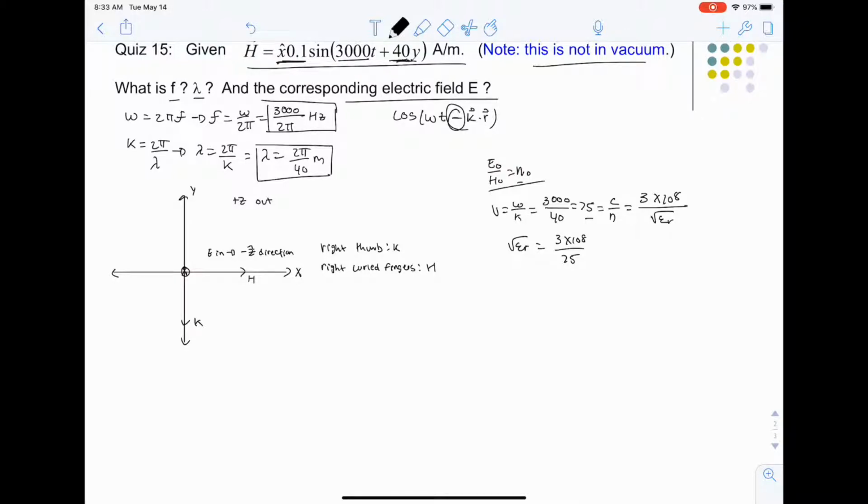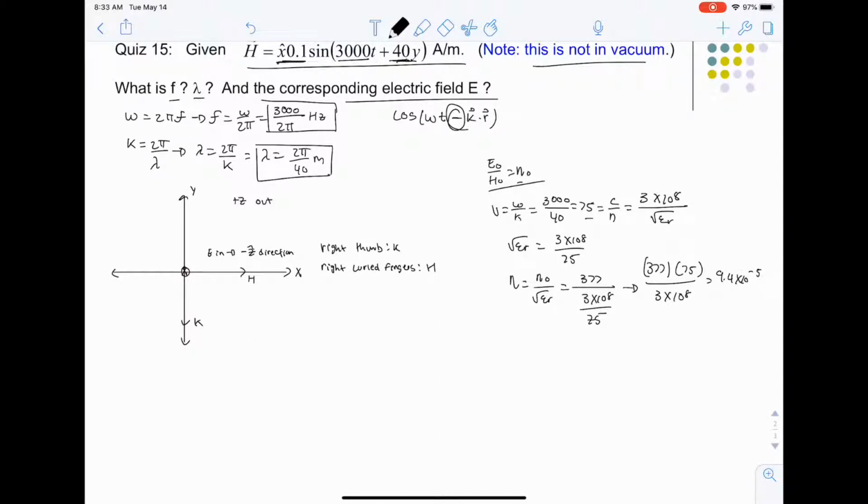Since we're not in a vacuum, we know eta equals eta naught over square root of epsilon r. We know that eta naught, if it were in a vacuum, is 377, over square root of epsilon r, which is 3 times 10 to the 8 over 75, which is pretty much 377 times 75 over 3 times 10 to the 8, which is 9.4 times 10 to the negative 5.